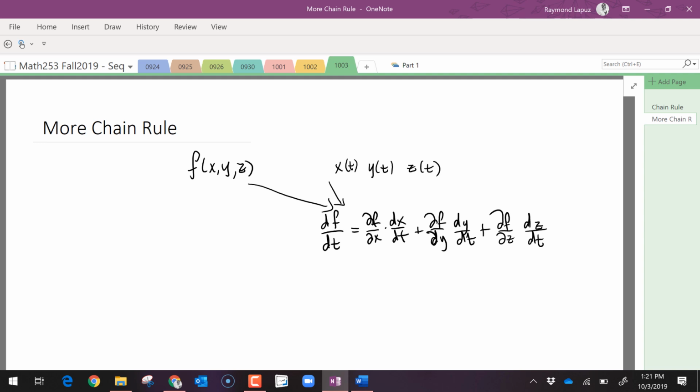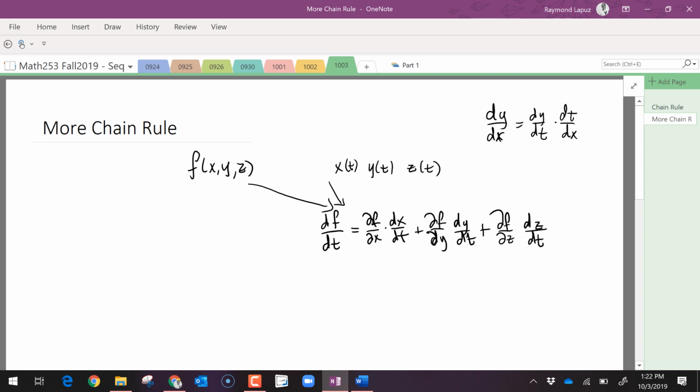By the way, in Calc 1, when you're learning the chain rule, you see that dy/dx is equal to dy/dt times dt/dx, something like that. And then Calc 1 students always want to cancel.